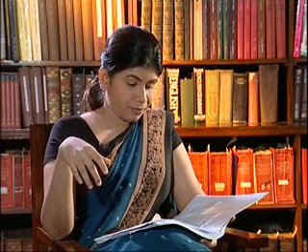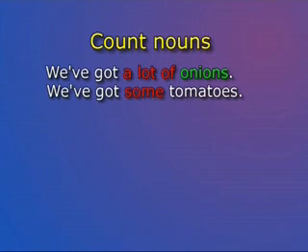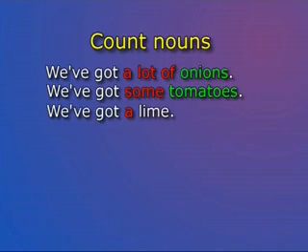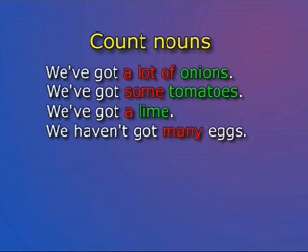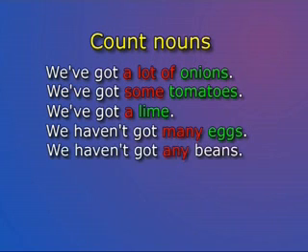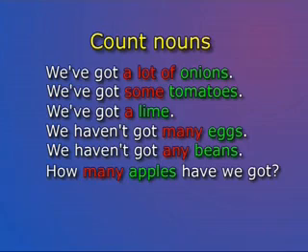You can say you have 1, 2, 3, 4 onions. Or you can say we've got some tomatoes. We've got a lime. We haven't got many eggs. Because again, eggs are things you can count. You can say we haven't got any beans. The question form, how many apples have we got?